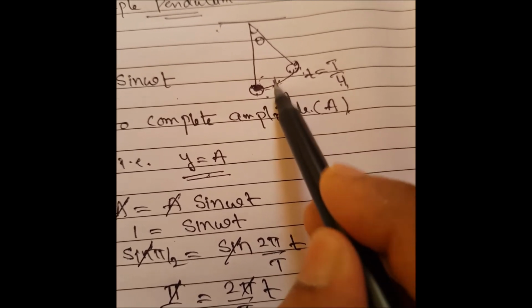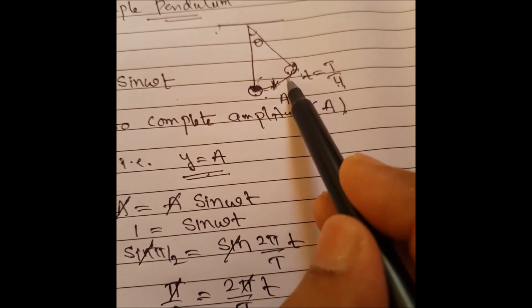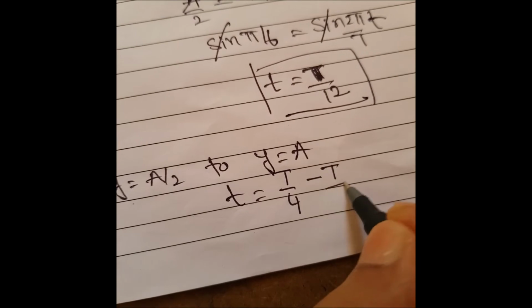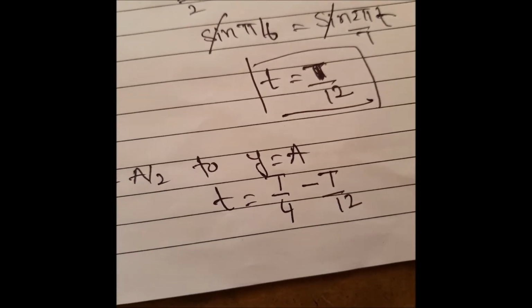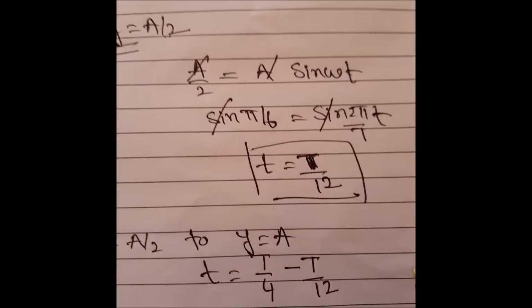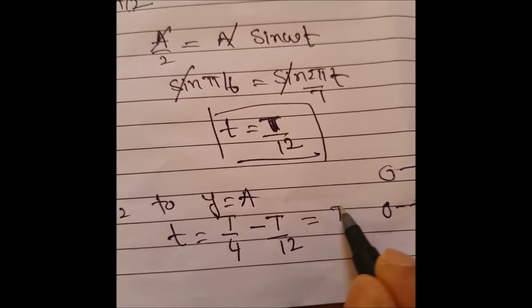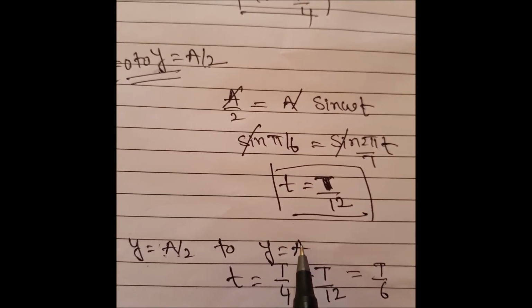Now a by 2 to a, how much time will it take? So t becomes T by 4 minus T by 12. After calculating, we get T by 6. This is from a by 2 to a.